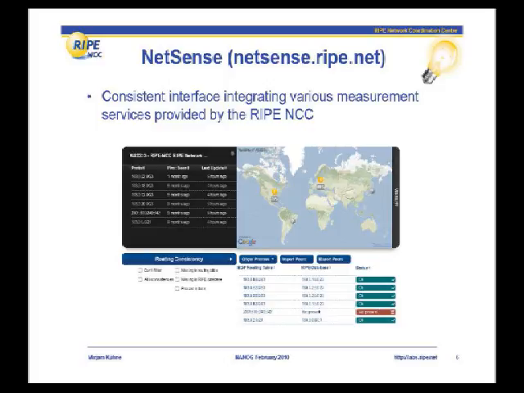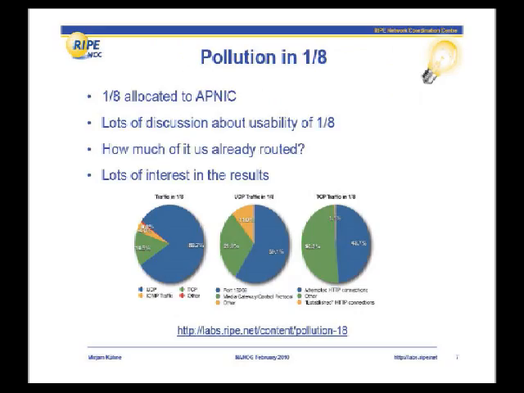A similar thing: the RIPE NCC has been doing a lot of measurements over time, like the host count and test traffic measurements, and we put a pretty interface on that to make it easier for people to access all the data behind it. It's called NetSense. It's also explained on the RIPE Labs website what it does, and you can go to it, put in your AS number or your IP address and see what it shows.